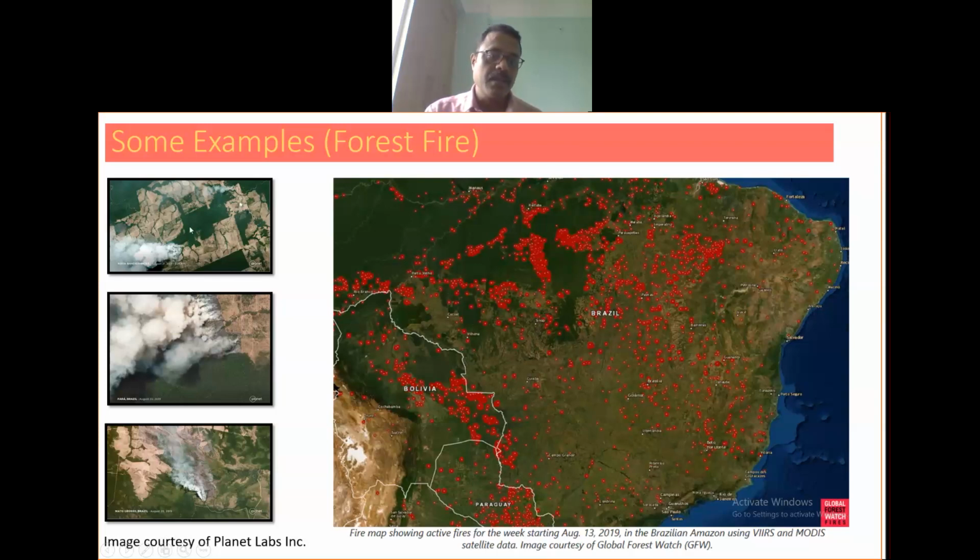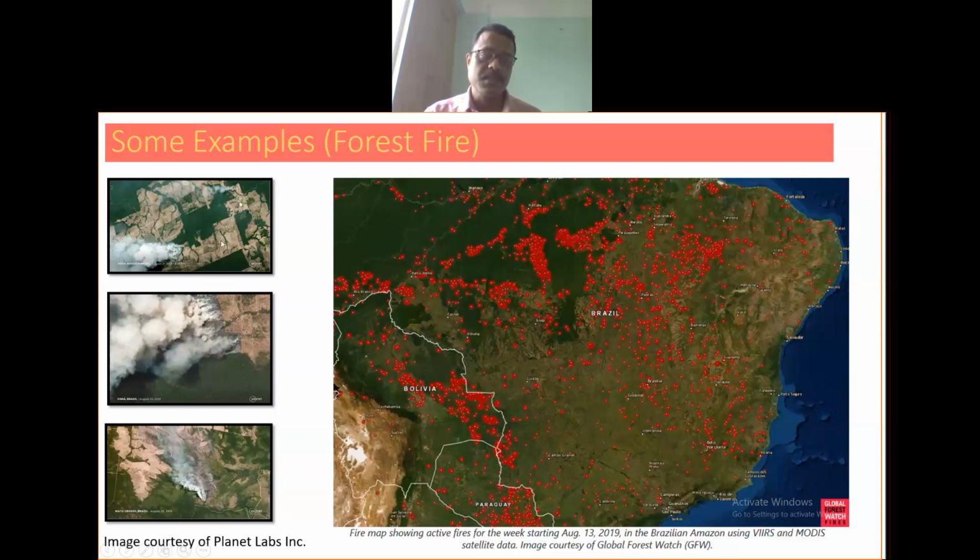On the left hand side, you see the same incidents, but mapped with a high resolution satellite image. On a high resolution satellite image, you can actually see the forests that are being burned in a particular area. So what is the difference between a high resolution satellite image and a low or medium resolution image? Eventually, when we enter the class, we will discuss those things.